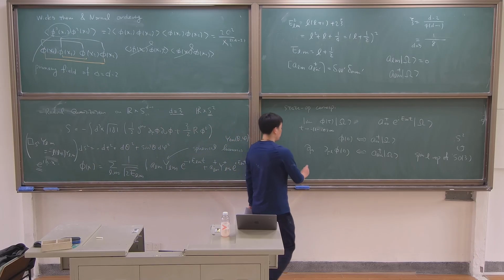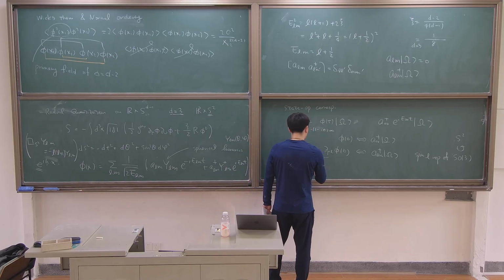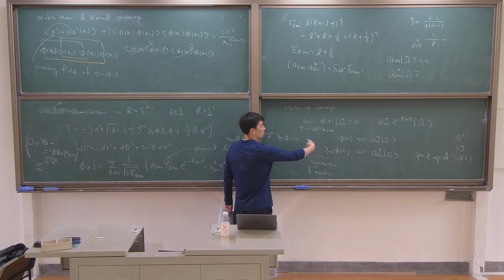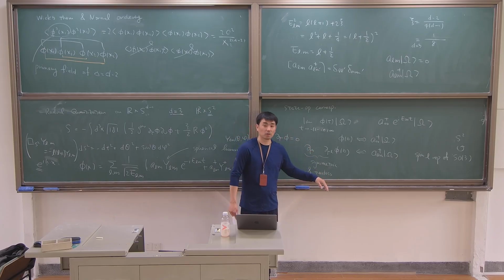So this is symmetric and traceless. Traceless means that since you have an equation of motion, this is equal to 0. So any contraction with indices mu_1 to mu_l, if you take a contraction, due to this equation of motion, it becomes 0.